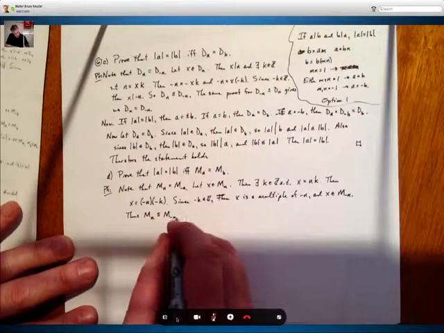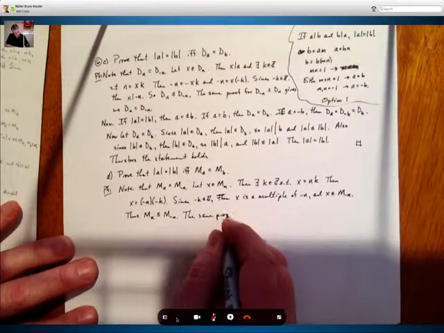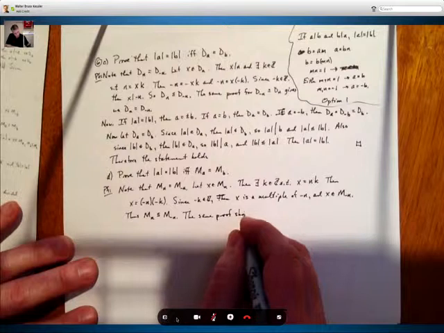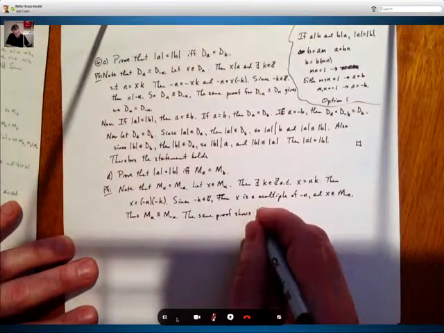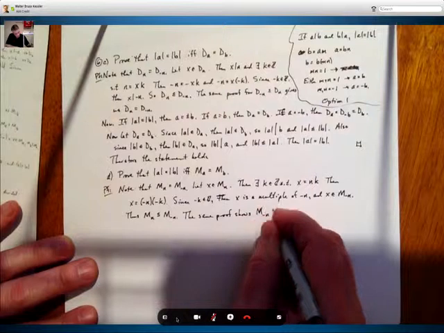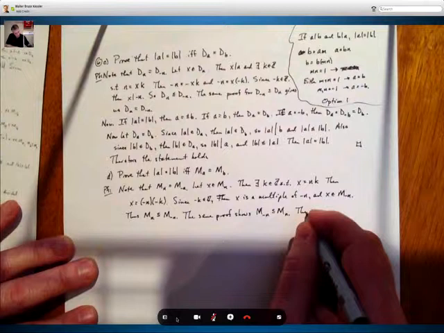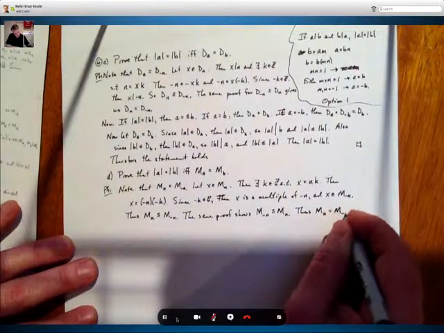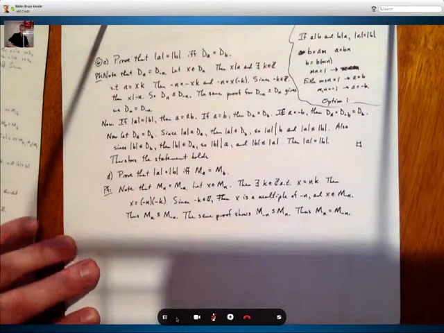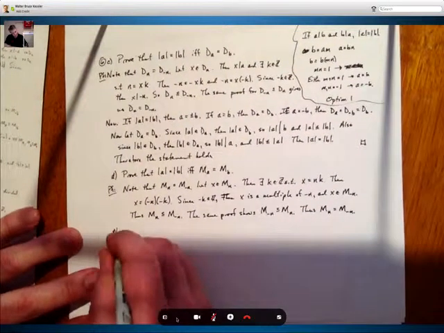So you've got M of n is a subset of M of negative n. The same proof shows the multiples of negative n are a subset of the multiples of n. Thus, M of n equals M of negative n.